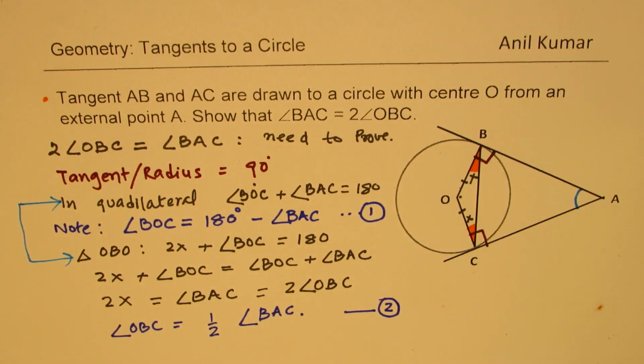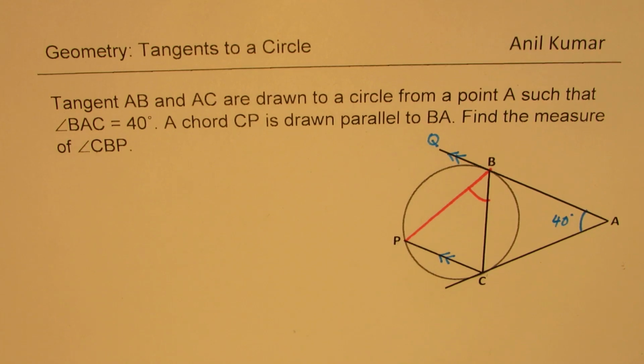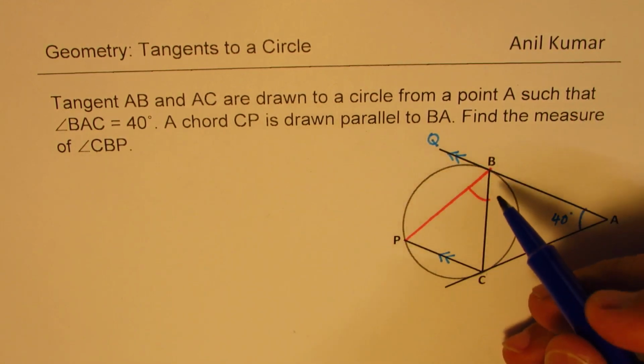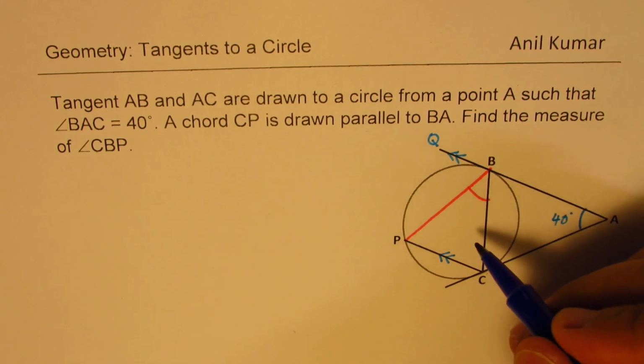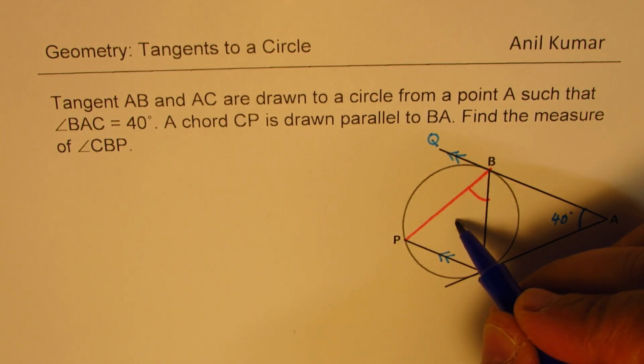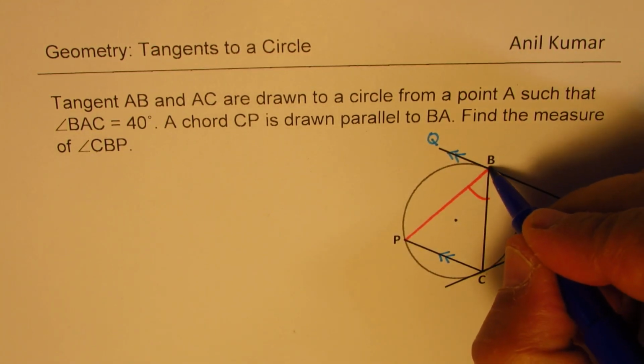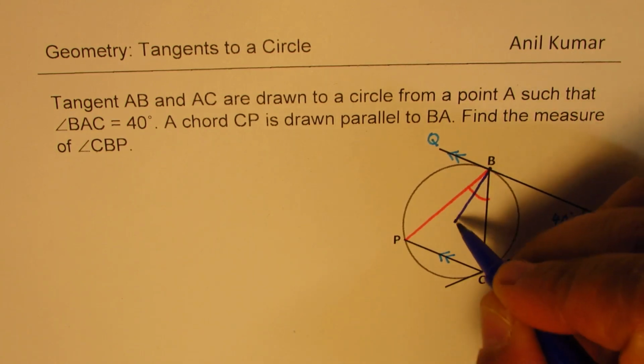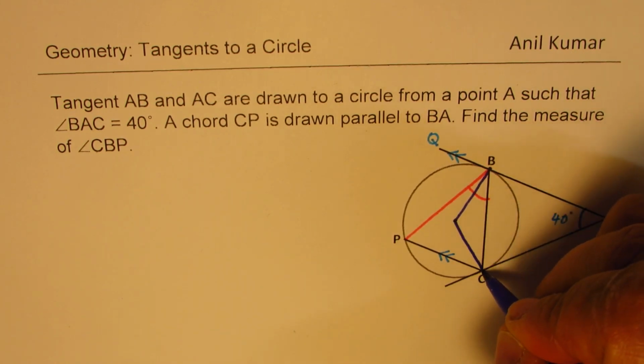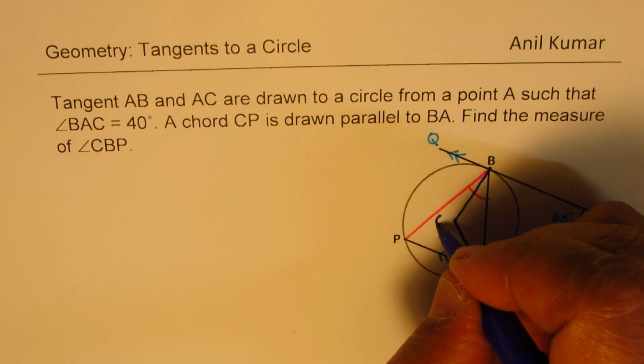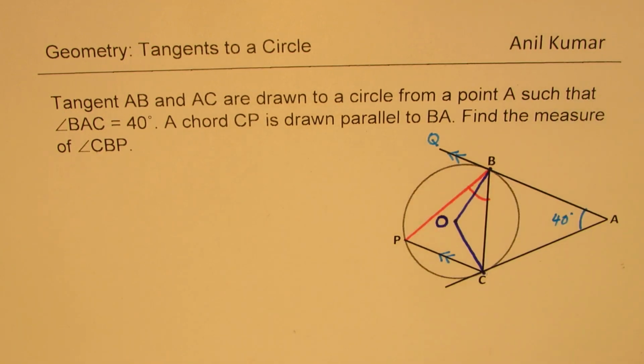Perfect. Now let's get back to the equation. So now let's continue with our solution. What we'll do here is connect the points B and C with the center O. So let's say that is the center O. We are going to connect B with O and also C with O. So what did we learn? We learned two things.